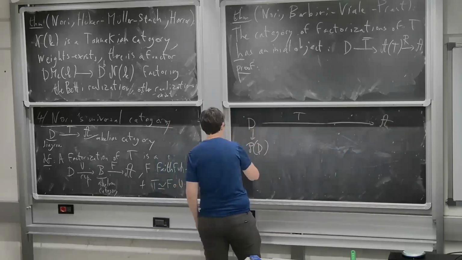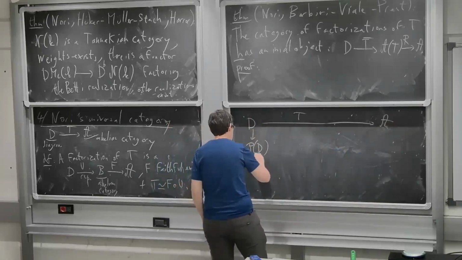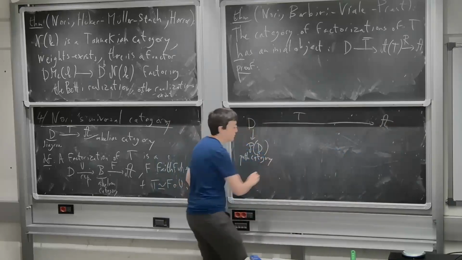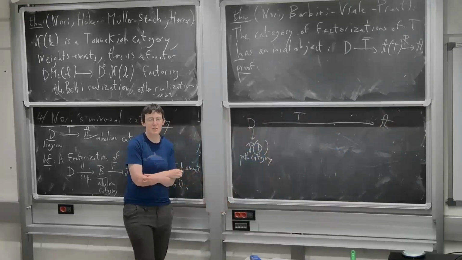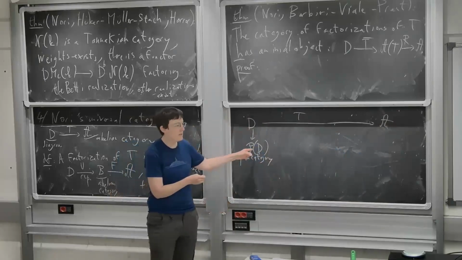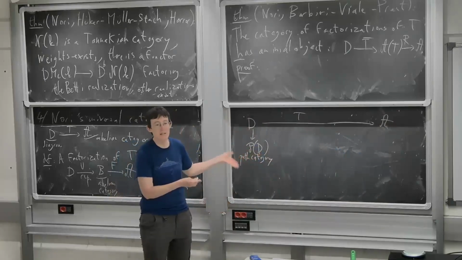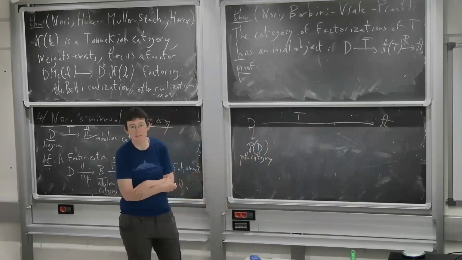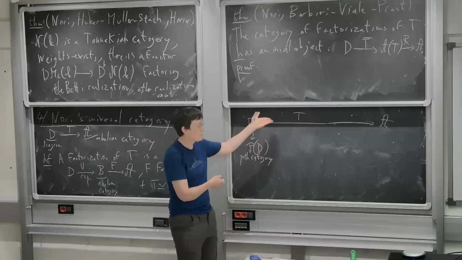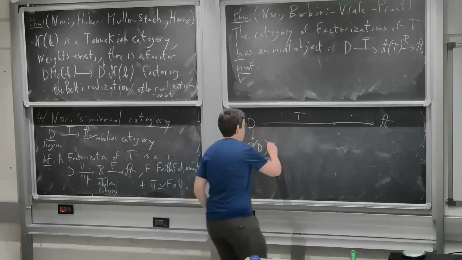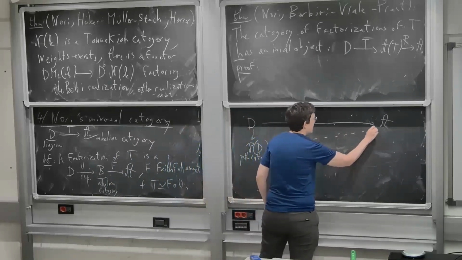You take the path category, the free category on D. The objects are the vertices of D, the arrows are the paths in D, and composition is concatenation. And every representation extends to a functor in a unique way.